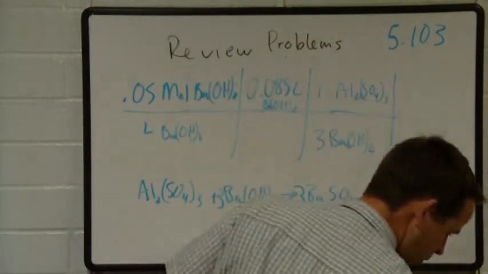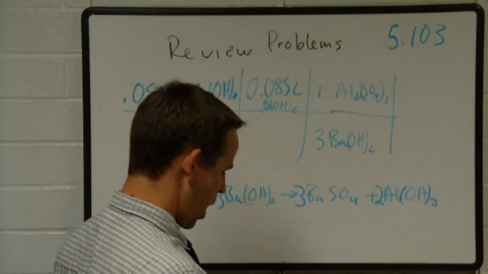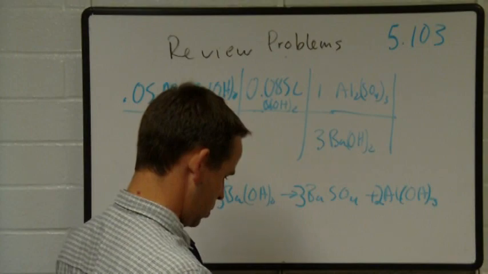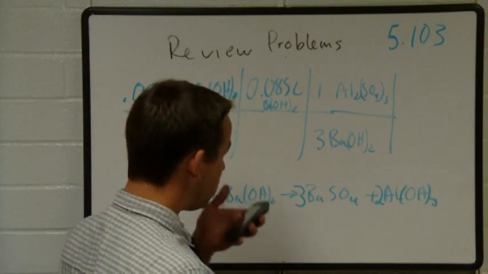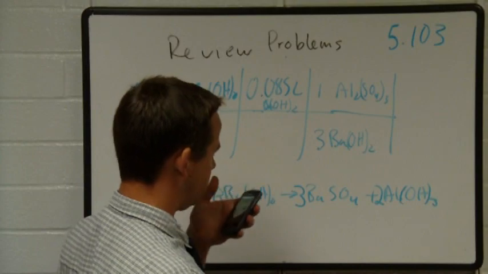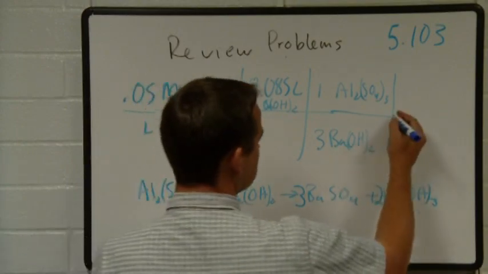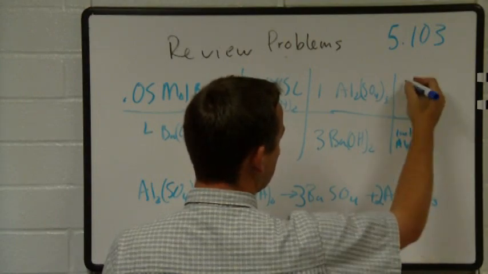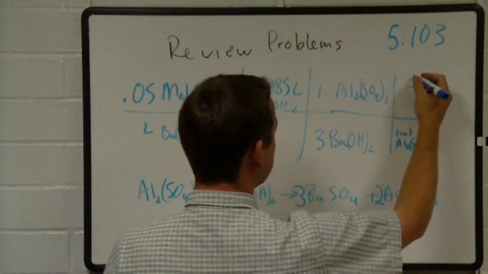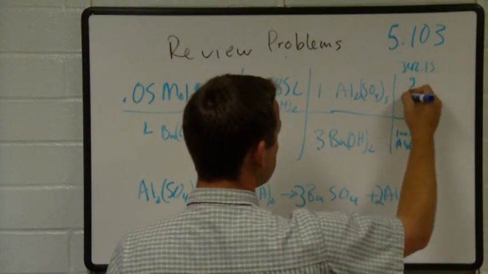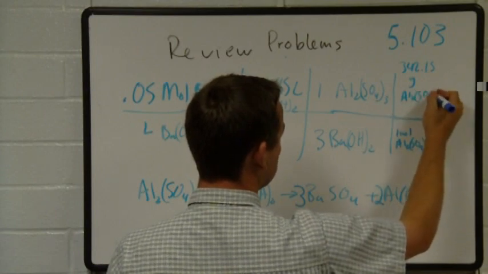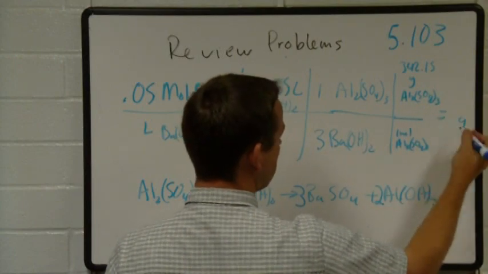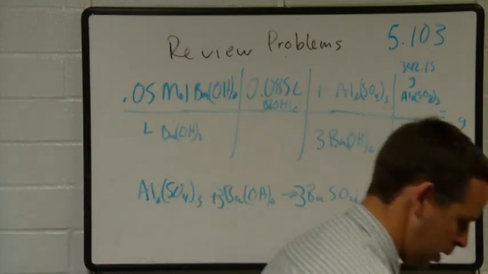So we have to identify the molar mass of aluminum sulfate, because for every 1 mole of Al2(SO4)3, how many grams is that? 342.15 grams of Al2(SO4)3. And then that'll give us grams of aluminum sulfate that we need. Okay?